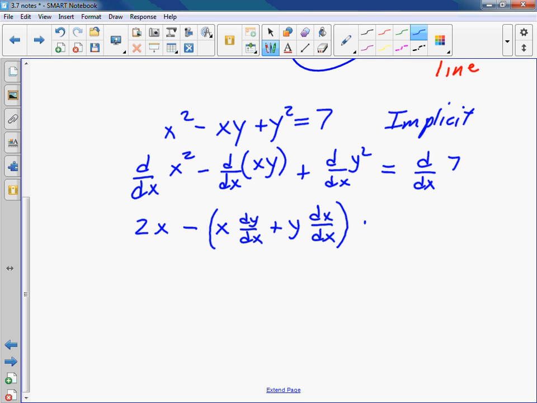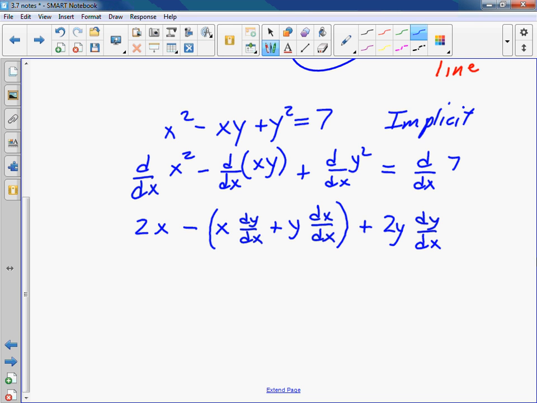Then we can go plus 2y dy dx. Because again, when this is in terms of y as a function of x, we have to use the chain rule. So 2 times y is the derivative of y squared, and then dy dx here.